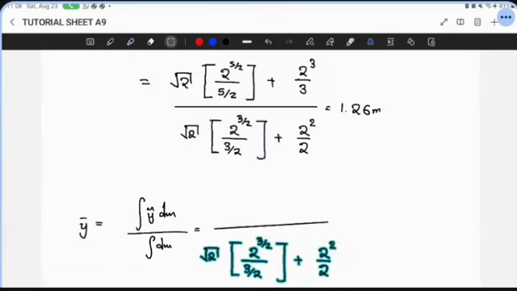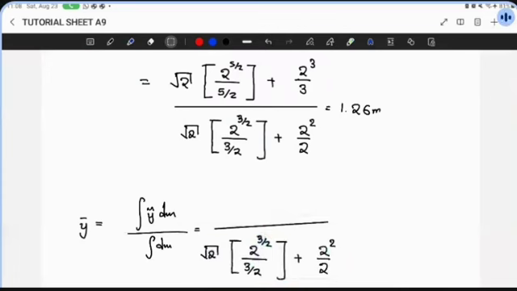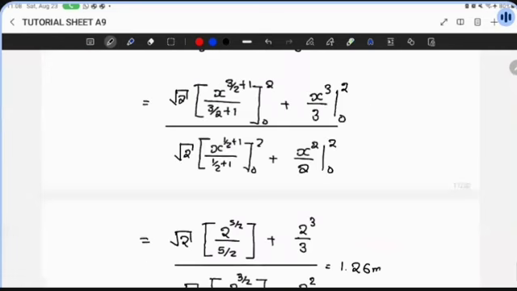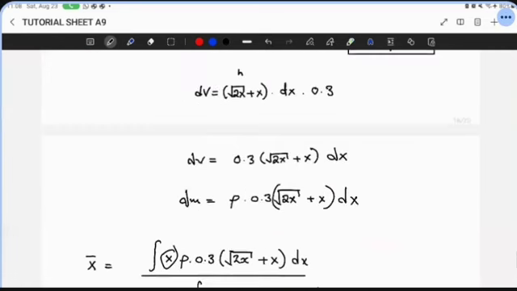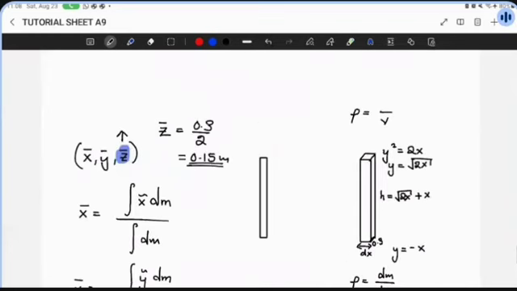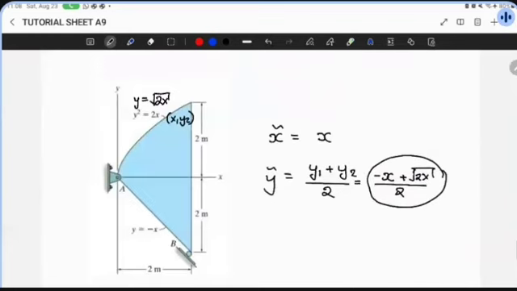The dm is still the same, but what will make the numerator change is the fact that I'm now using a y tilde. In the previous case, I used x tilde. So that is where the difference will be. So here I'll have the integral where there's y tilde. We did come up with the expression for y tilde earlier. So y tilde, we saw that y tilde would be this expression.